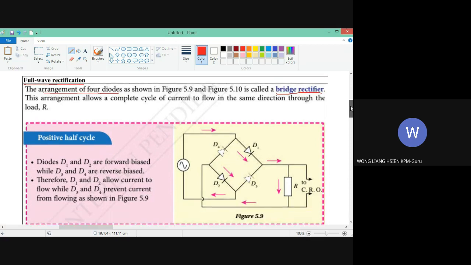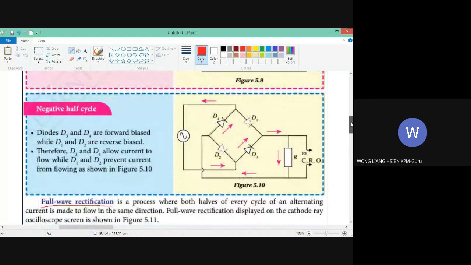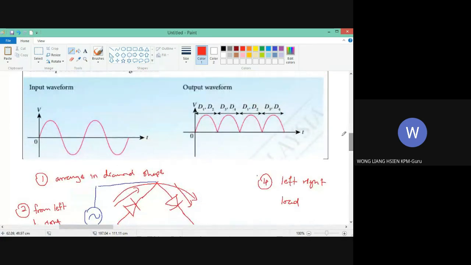No, half wave, full wave rectification is still not the best. Why is it not the best? Not good enough because you see the voltage becomes strong, becomes weak, strong, weak, strong and weak.